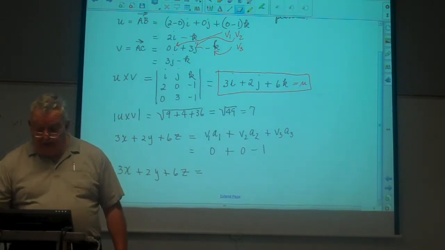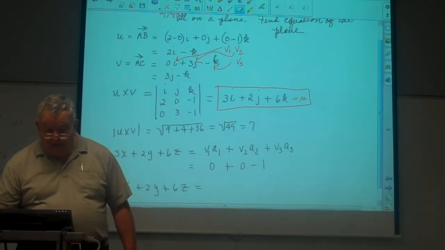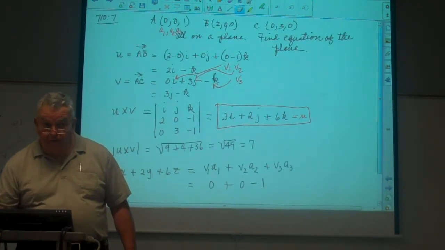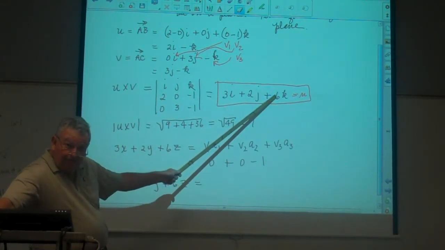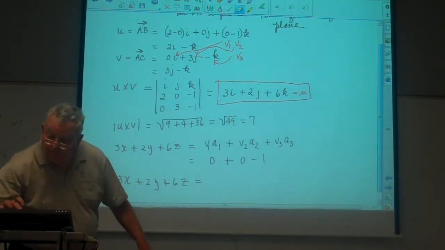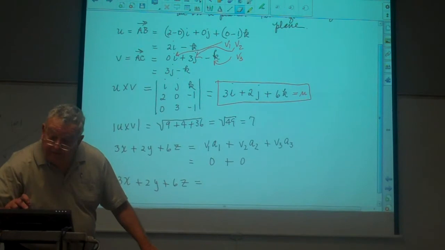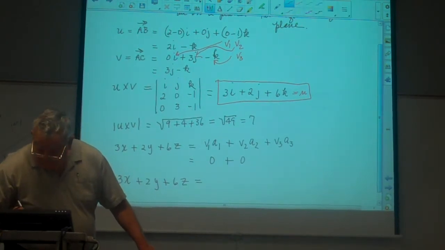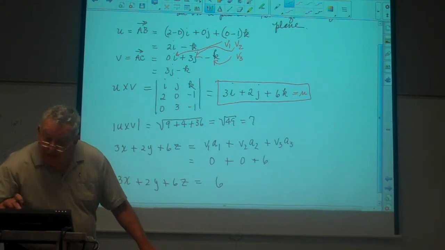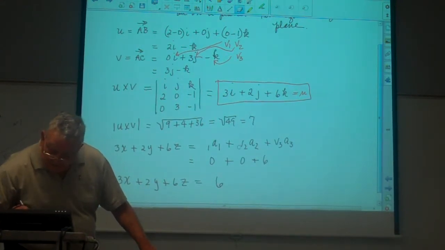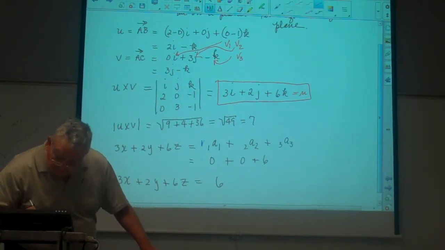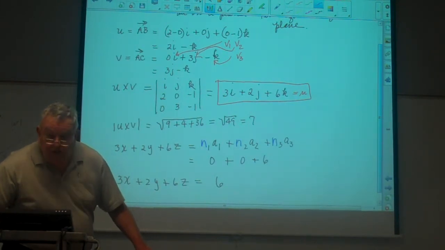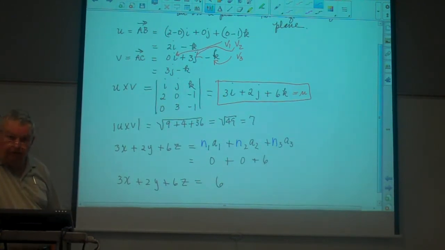So now, if A is 0, 0, 1, then doesn't that mean that the only one that matters is 1 times 6? And so there's no doubt, to emphasize that that comes from the normal vector.